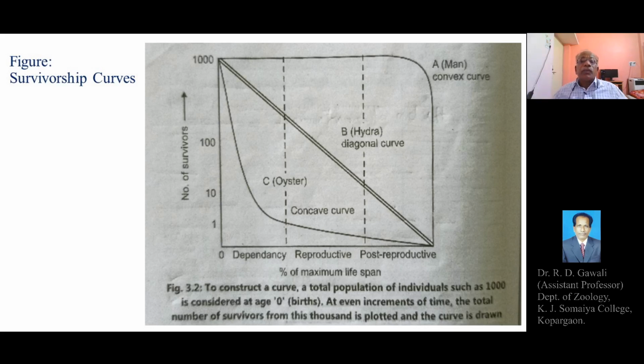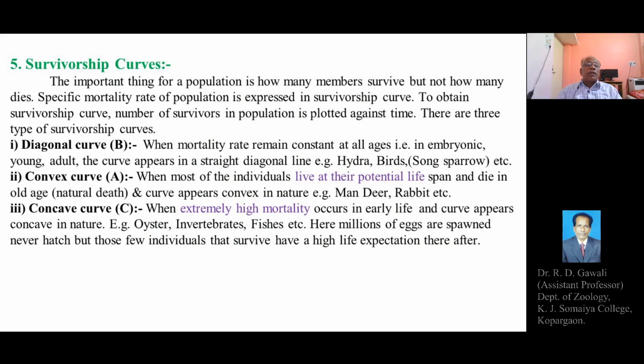So these are the three types of survivorship curves. These three types of survivorship curves are possible because of three different conditions or three different types of situations of the mortality rate.